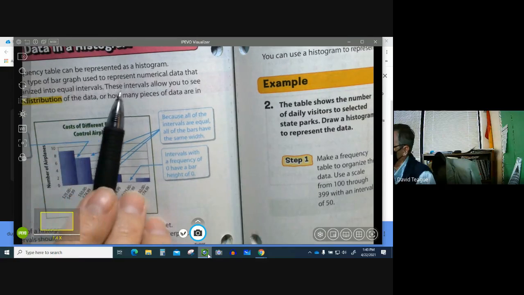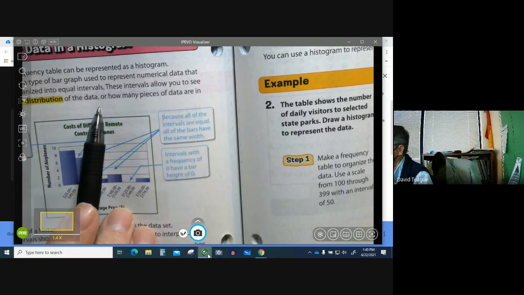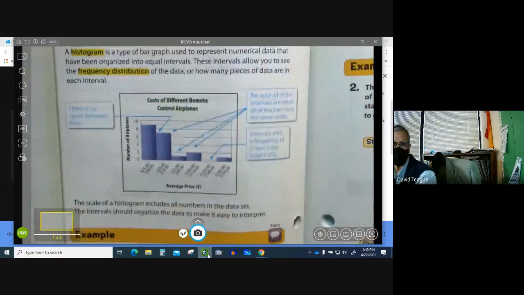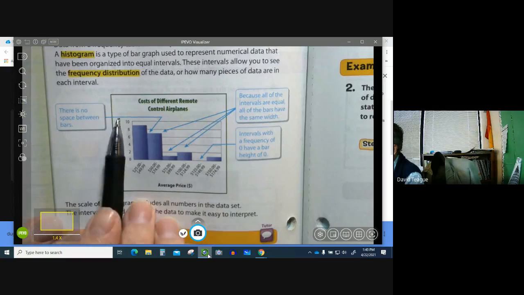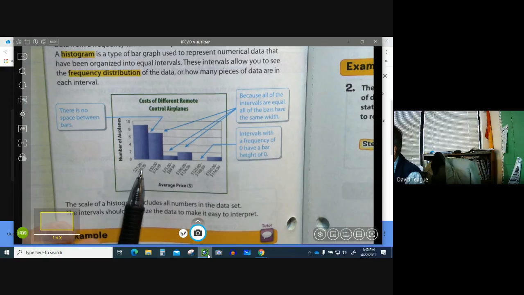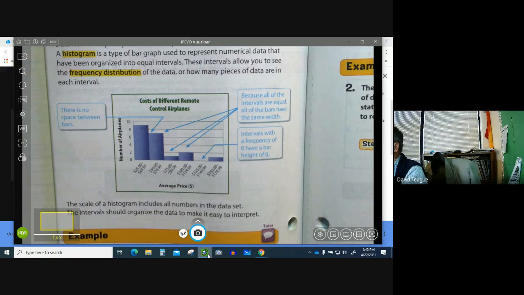These intervals allow you to see a frequency distribution of the data, or how many pieces of data are in each interval. If you look at this example here, you have numbers of airplanes here, and you have the prices here, but it's in a range. So it goes from $25 to $49.99, or $50 to $74.99. So you have a very wide group that can fit into that data set.